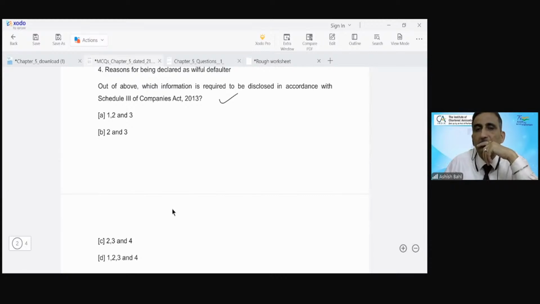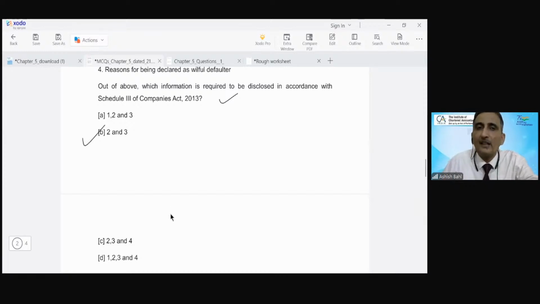Which one of this is the right option in accordance with the requirements of Schedule 3 of Companies Act? Yes. Answer is option B, 2 and 3.